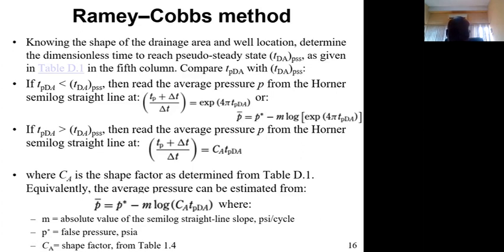One, if your dimensionless producing time is less than the time to reach the steady state, this relationship is used. However, if your producing time is greater than the time to pseudo steady state, this relationship involving the shape factor is used.